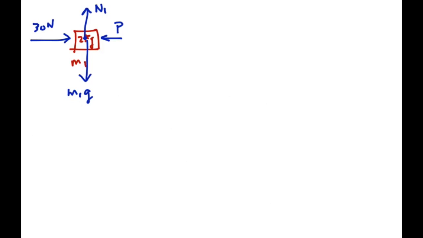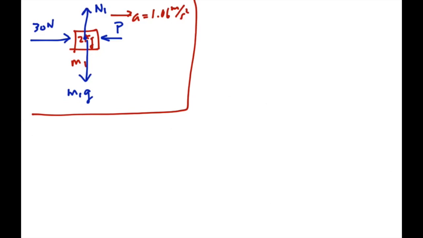So it's not acting directly on mass 1, the 2 kilogram block. As a result of all these forces, there's an acceleration to the right, which we have found to be 1.06 meters per second squared. This is our free body diagram of mass 1.